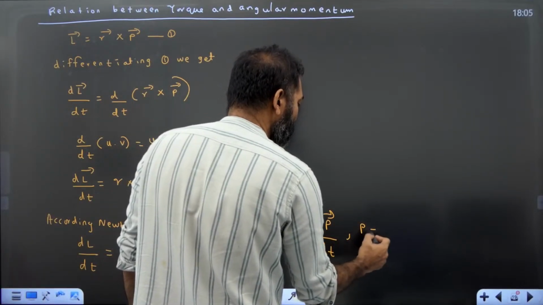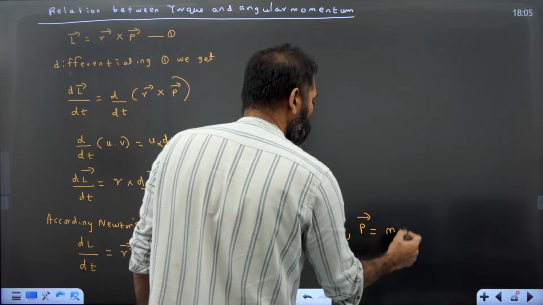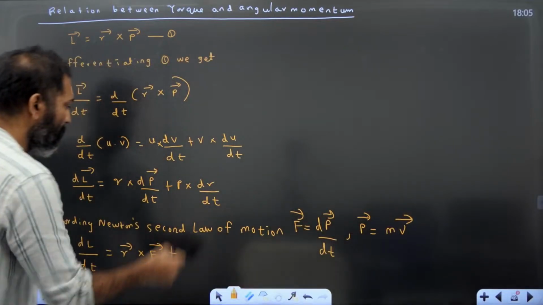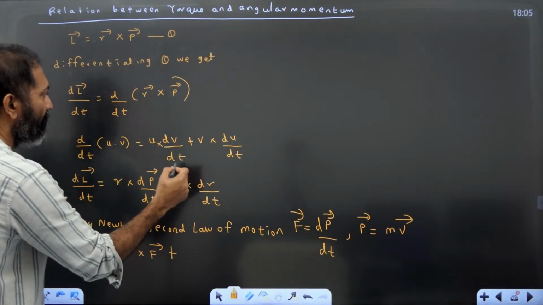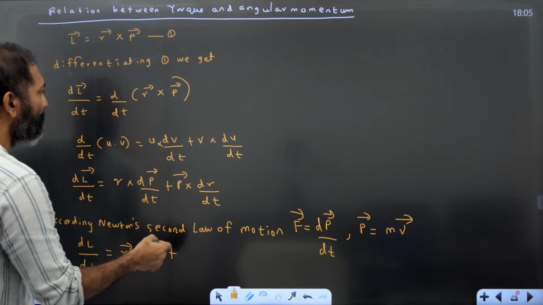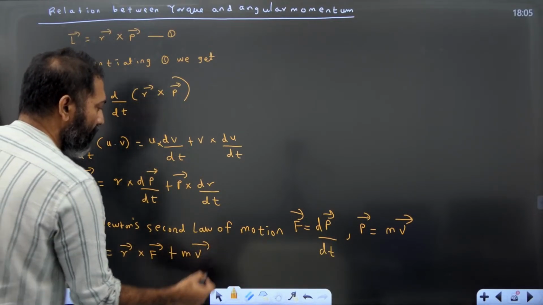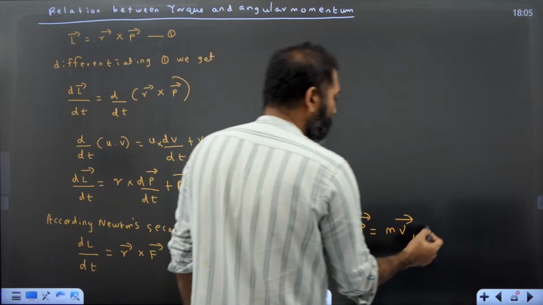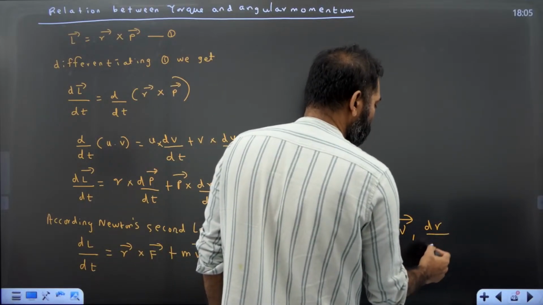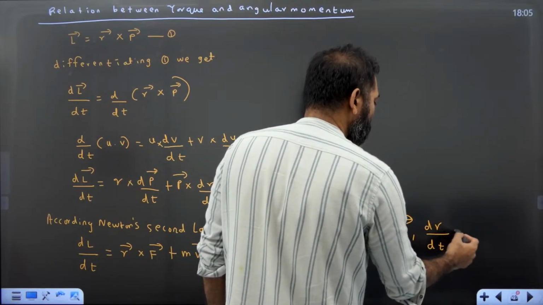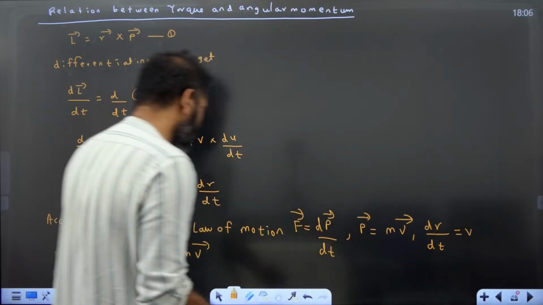We know that momentum p vector equals mass into velocity vector. So instead of p vector I can write m into v vector, and dr by dt, the rate of change of position with respect to time, is equal to velocity.